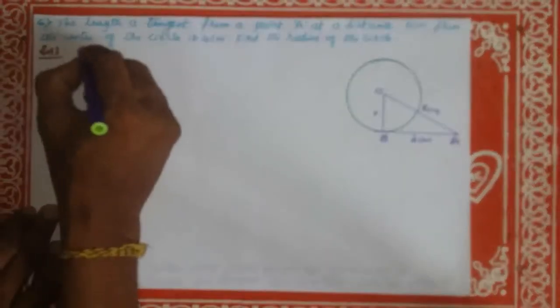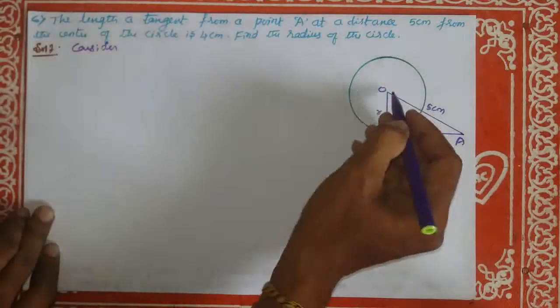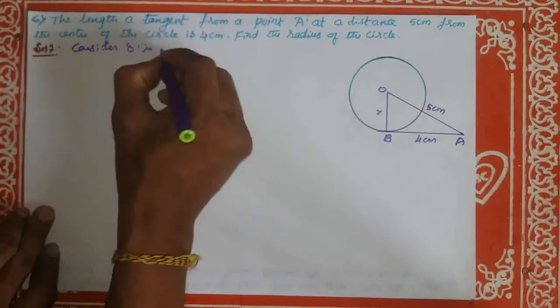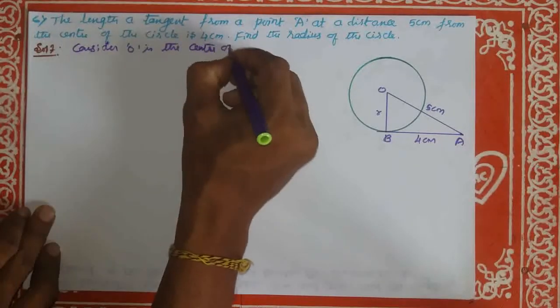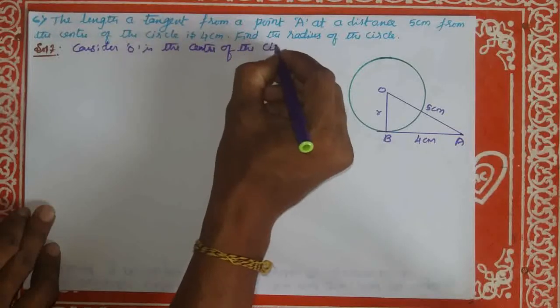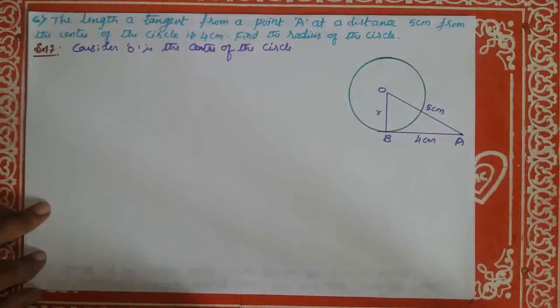Solution. Consider O is the center of the circle.